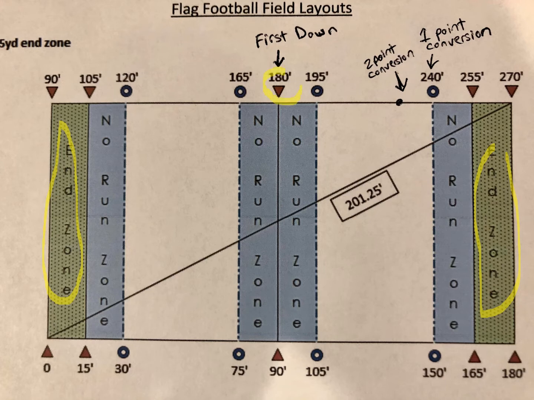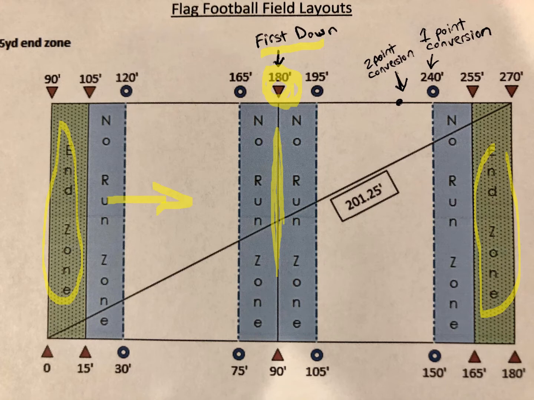Here is the midfield marker, and that is to get a first down. So if a team is going this way, they need to get here in 4 plays to get a first down.